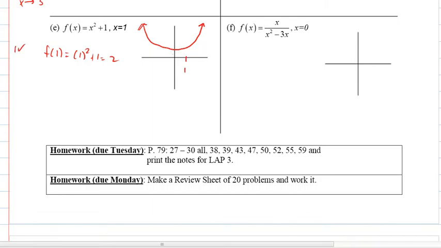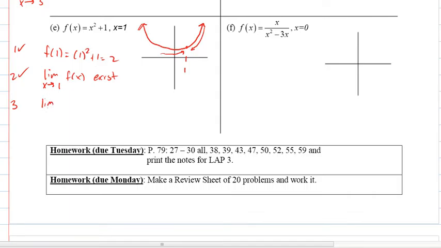The second condition, does the limit exist? Well, we see that we have this parabola that's always continuous no matter what, so the limit does exist. So the limit as x approaches 1 of f of x exists. And then we need to check the last condition, which is, does the limit of the function equal the function value at that same x? Well, the limit does exist, and it seems to be approaching the same function value, which is 2.